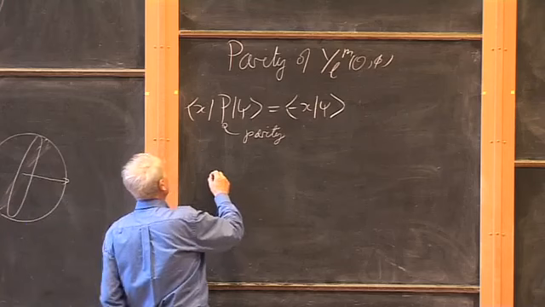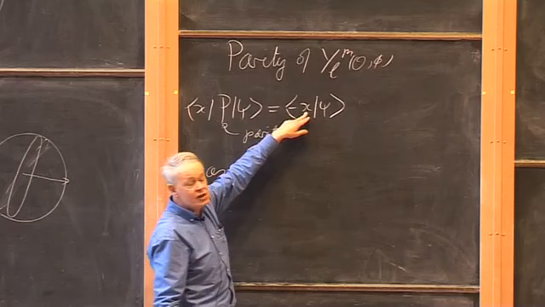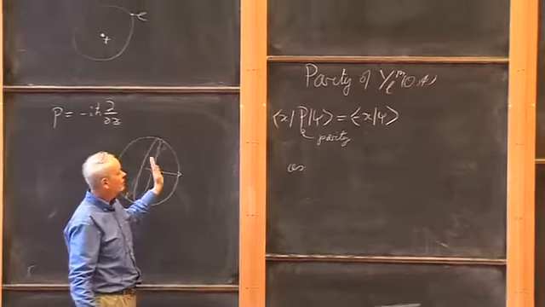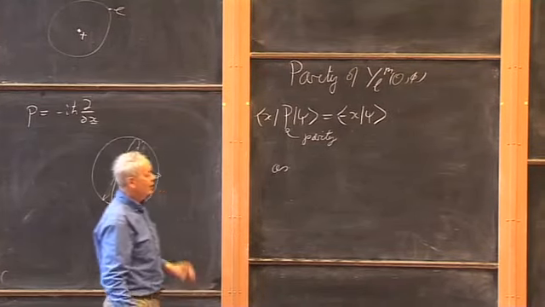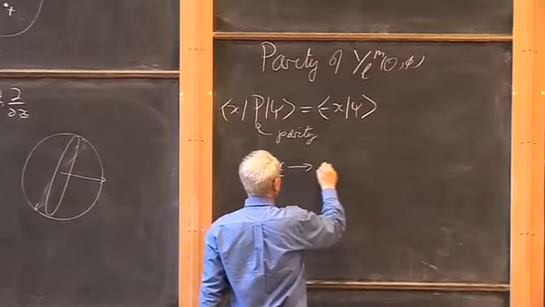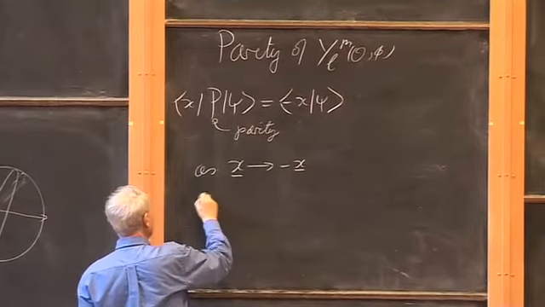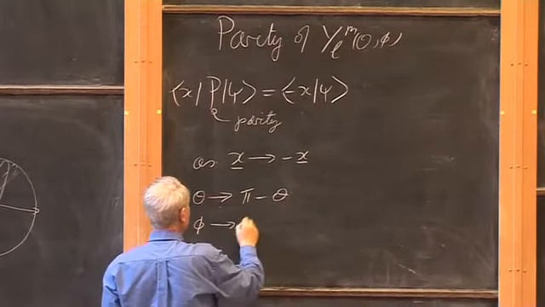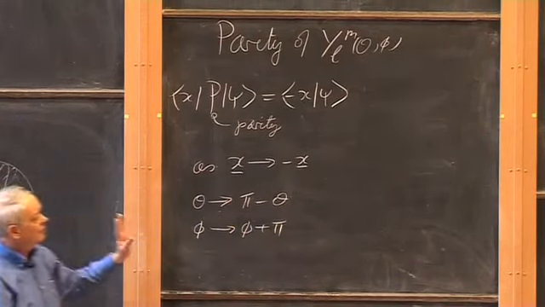Okay, so this is sort of imagined in Cartesian coordinates. Since our Y's are all defined in terms of polar coordinates, we need to translate the operation of going from x to minus x into spherical polar coordinates. As we go from x to minus x, it's easy to check that theta goes to pi minus theta, and phi goes to phi plus pi. So for this reflection you really need a picture.